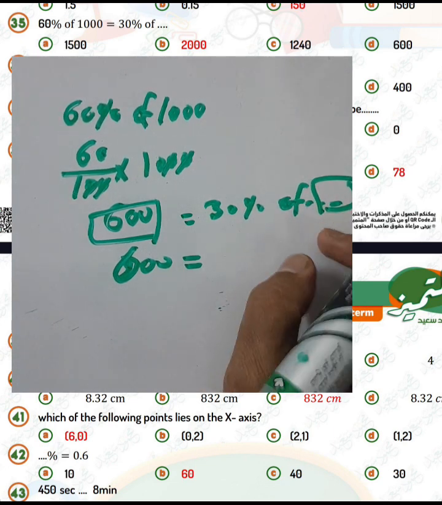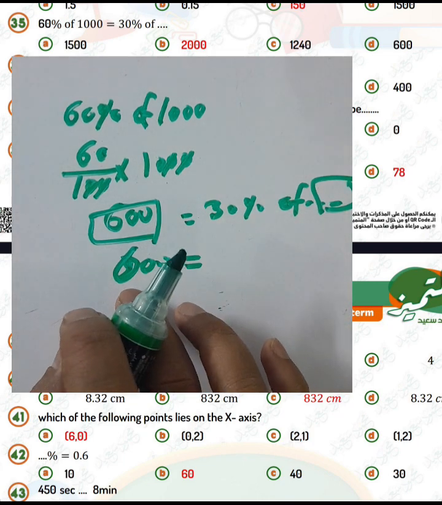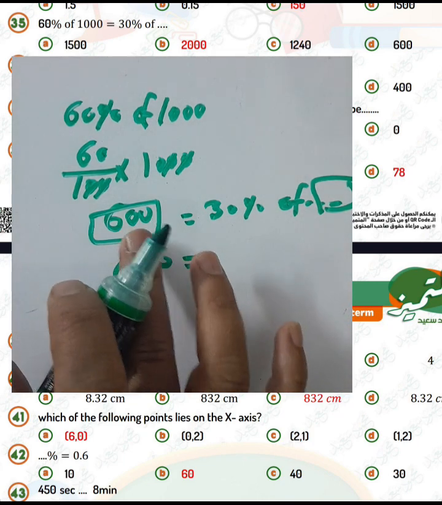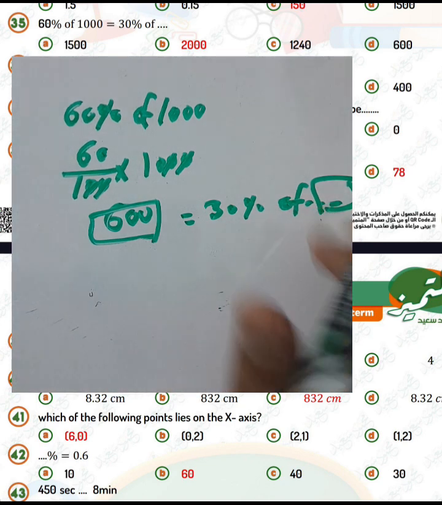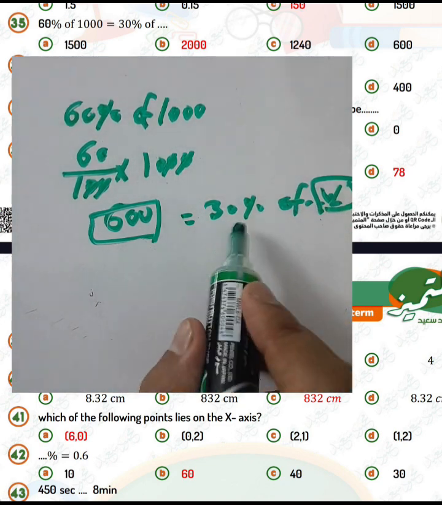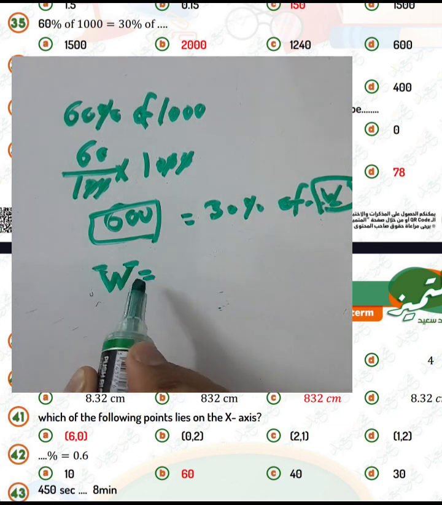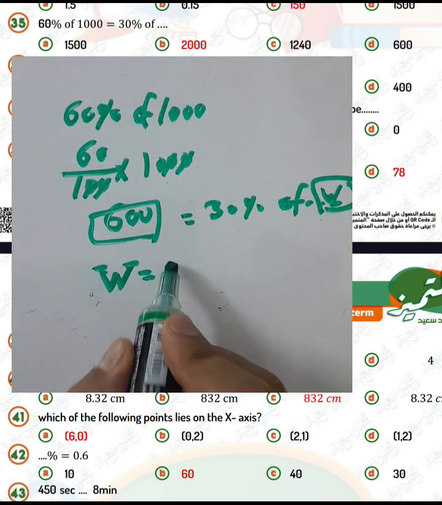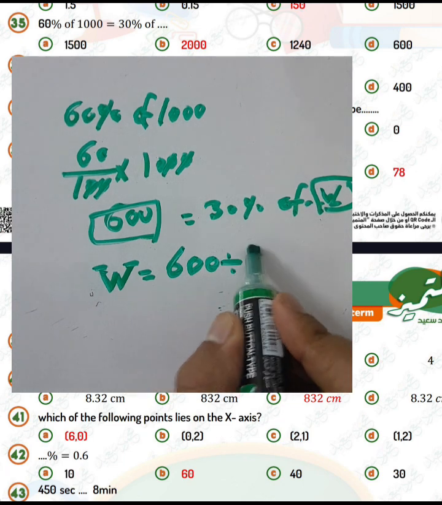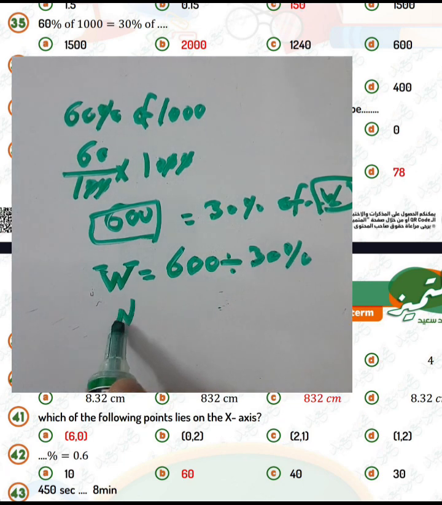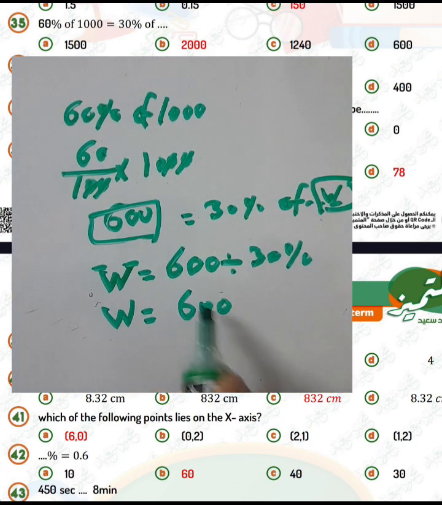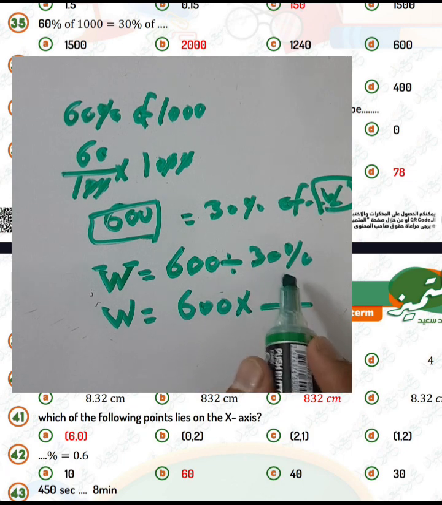To find the whole number, you must divide. The 600 here is the part, and this number is the whole. 30% of what equals 600? You can find the whole number by dividing the part by the percent. The whole number will be 600 times 30%, meaning 30 over 100, right?